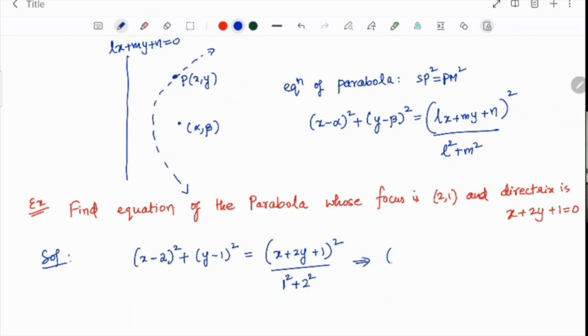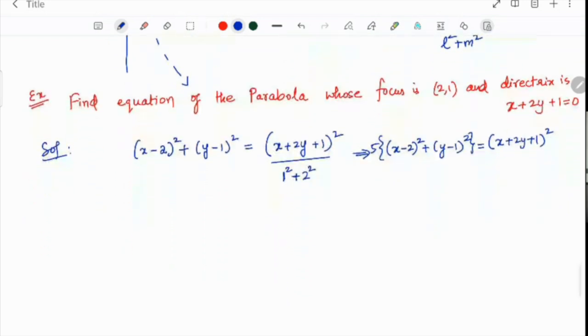So what is the answer? We are getting x minus 2 whole square plus y minus 1 whole square is equal to x plus 2y plus 1 whole square divided by 5. The 5 you can send to the other side, and depending on options, we will simplify. All right, so this is clear.